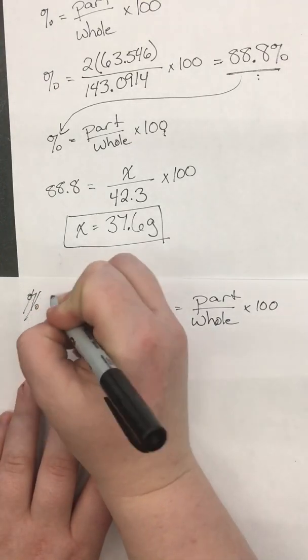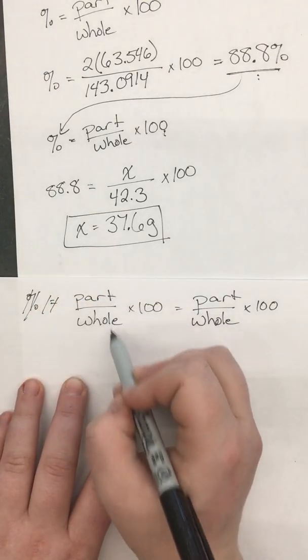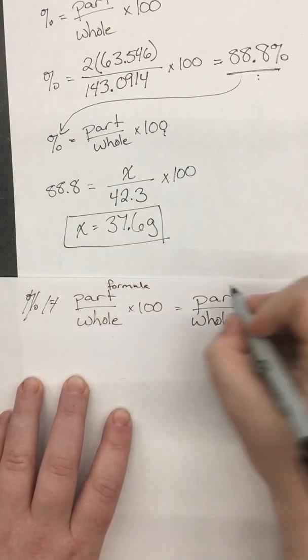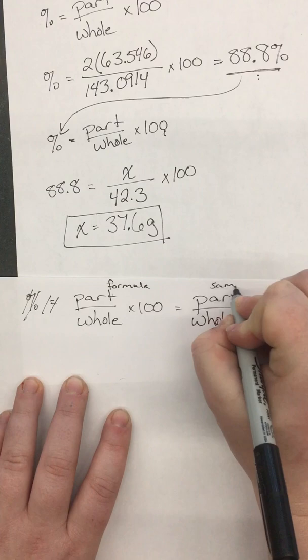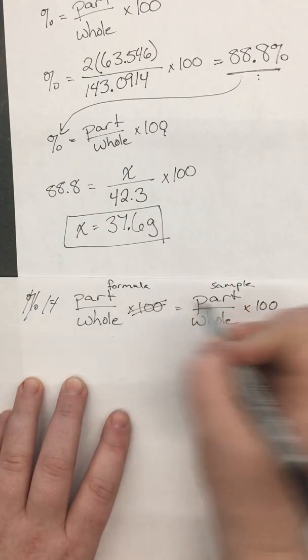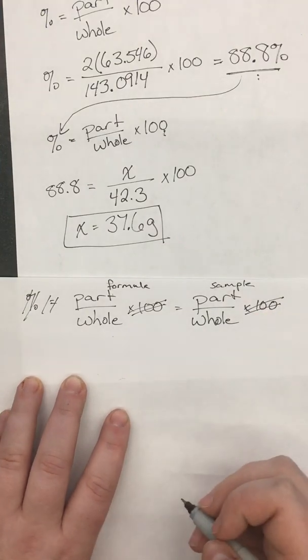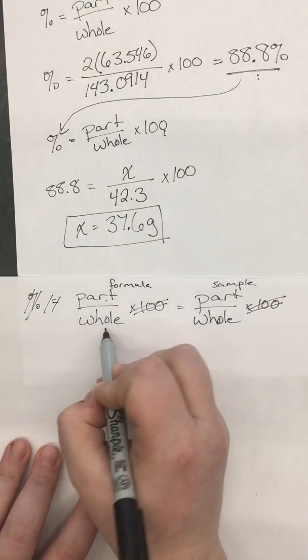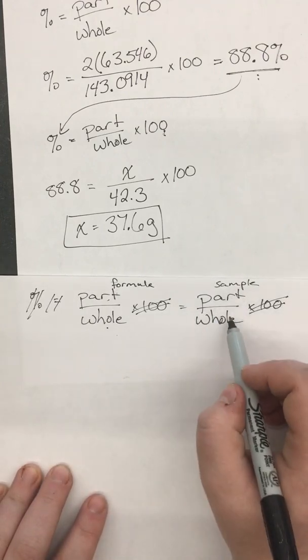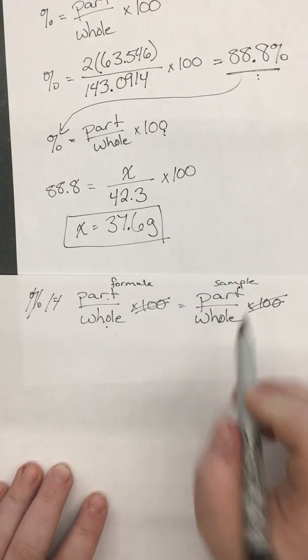So I can kind of get rid of the fact that it's a percent. I have part over whole with the formula, and then part over whole with my sample. And I can divide both sides by 100 to get rid of that times 100 piece. The part over whole with the molar masses from the chemical formula equals the part over whole of the sample.